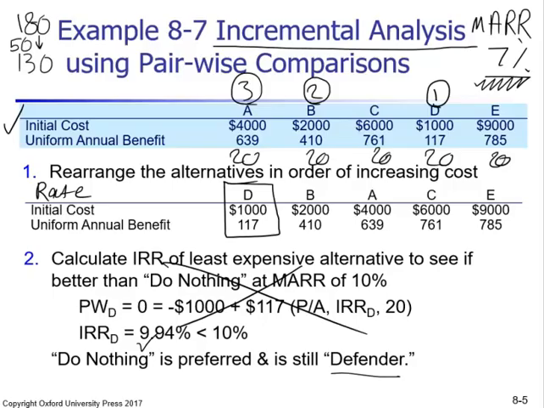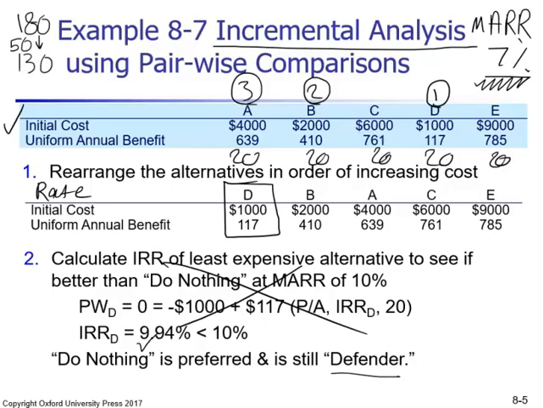So here we have a defender that is MARR of 10%, and we have a challenger that is D, after D is B, and after B is A, and like that.